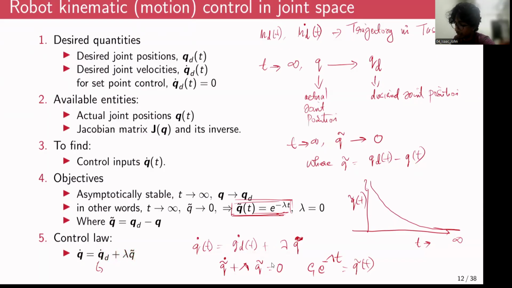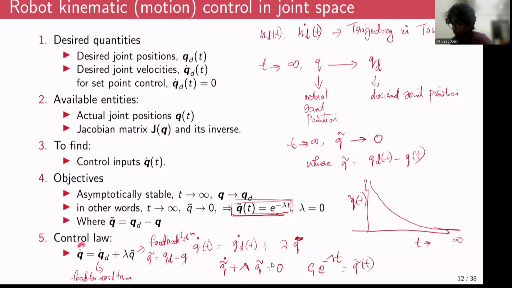So this term q desired dot, we call this a feed forward term. And this term q tilde, we call this a feedback term. Right? Where this q tilde is nothing but the difference between the desired position and the actual position. And we obtain this actual position from a sensor feedback. So that's why we call this term a feedback. Right?